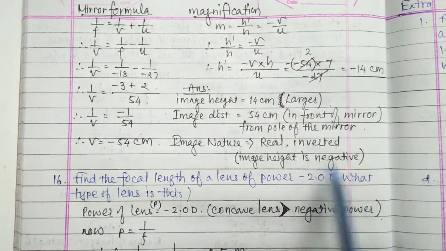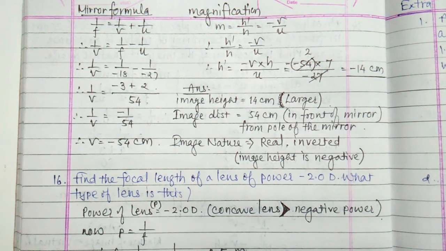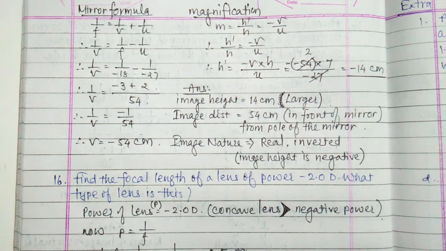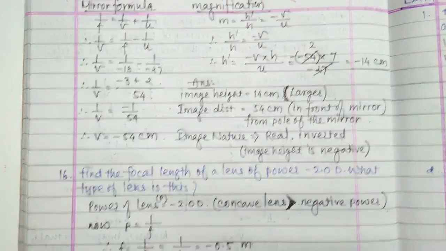According to sign convention, the real image distance is negative.